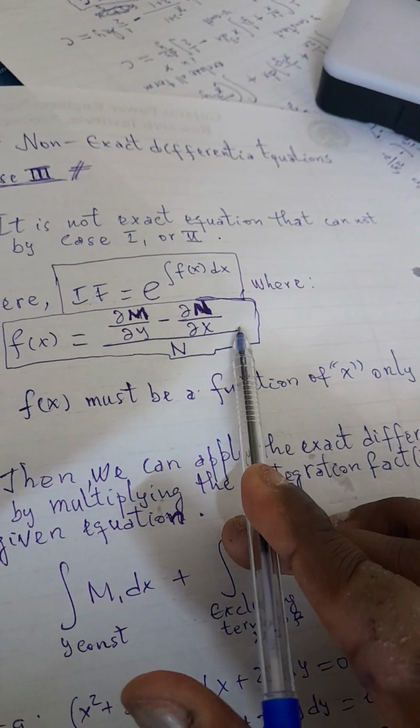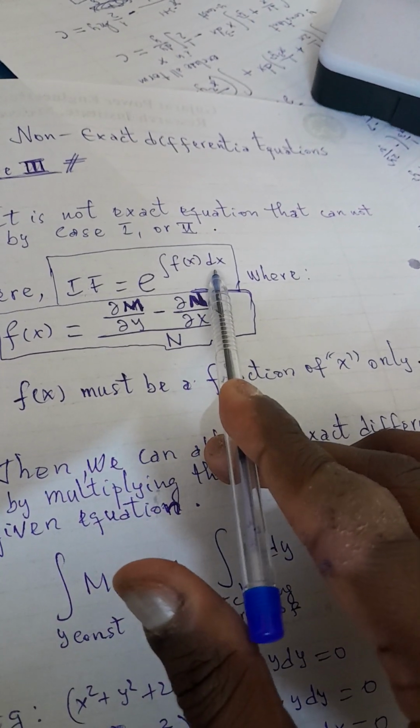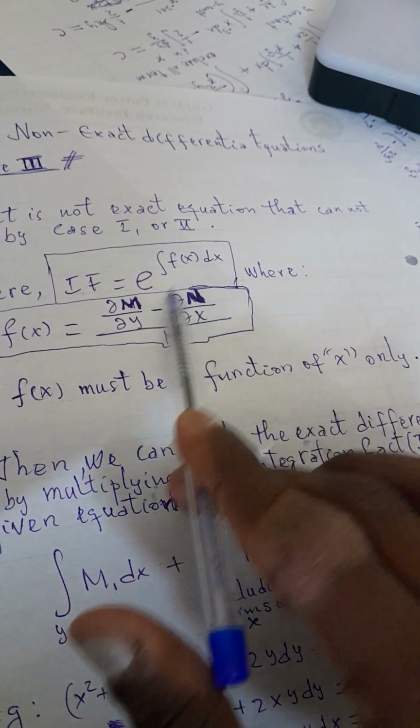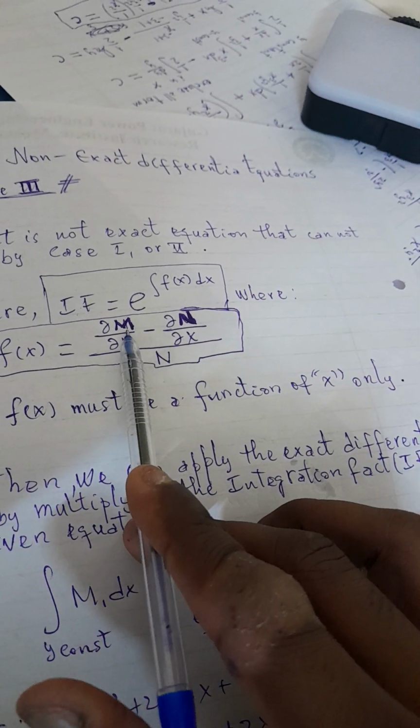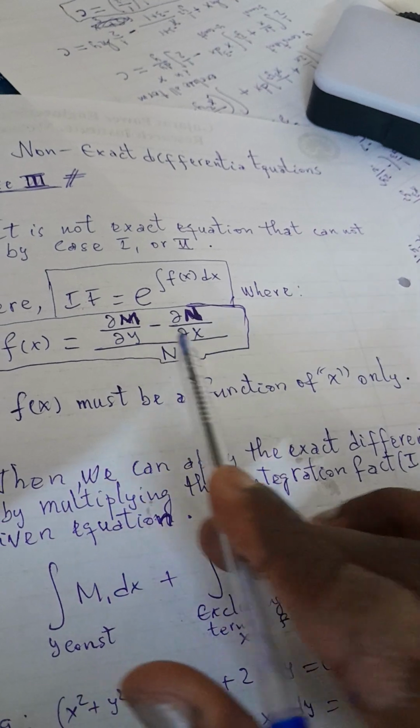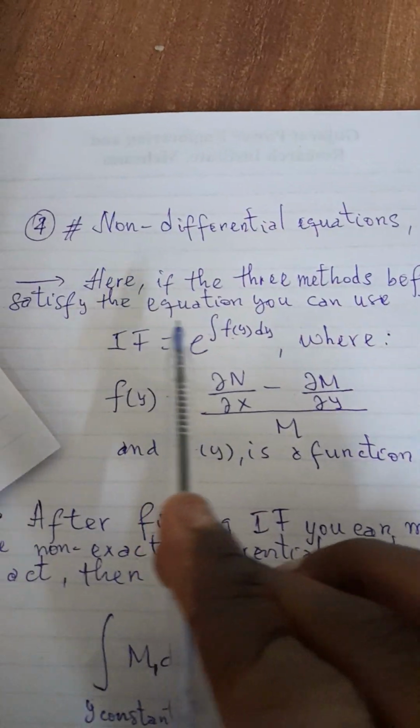For this fourth case, it will be f of y dy, and f of y, a function of y only, will be the opposite of this one. And here, instead of n, we will put m. This is what we are going to see here.